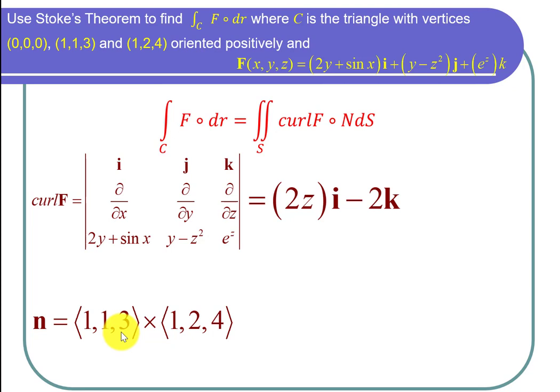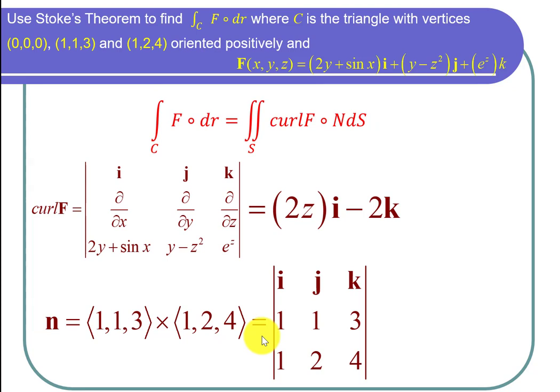And then I cross that with another displacement vector, from (0, 0, 0) to (1, 2, 4), which is just (1, 2, 4). So the normal vector for this triangle is (1, 1, 3) cross (1, 2, 4).